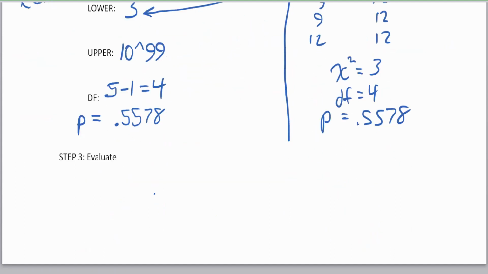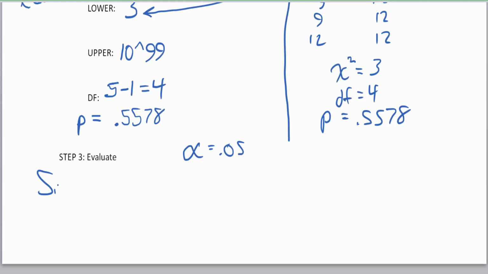So what we have now is we have our p-value, which is 0.55, and our alpha, which is stated in the problem as 0.05. And this is another reminder that if you are not given an alpha, you just default to an alpha of 0.05, or 5%. And it looks like our p-value is 55%, so this is definitely not a rare event.